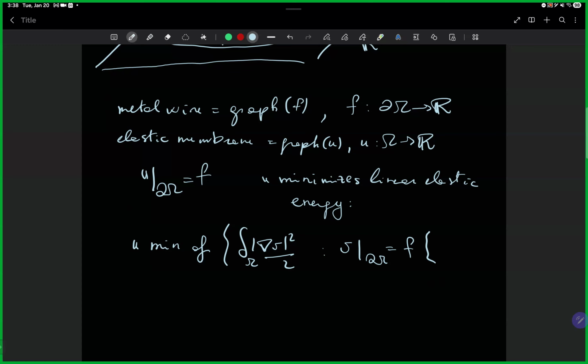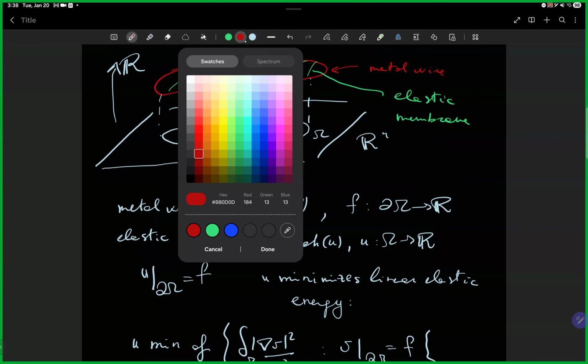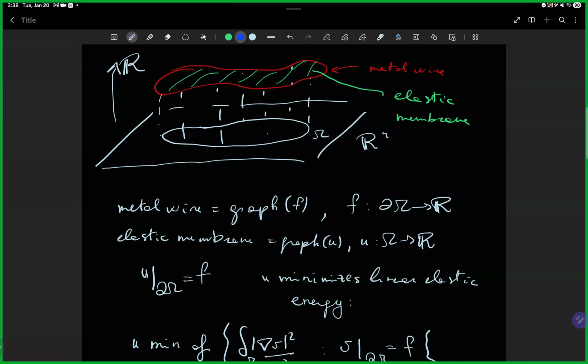But now we're going to add an extra condition. We're going to add the condition that gravity is acting on our membrane. So I go back to my picture here on the top, and I assume that there is a gravitational force G acting.